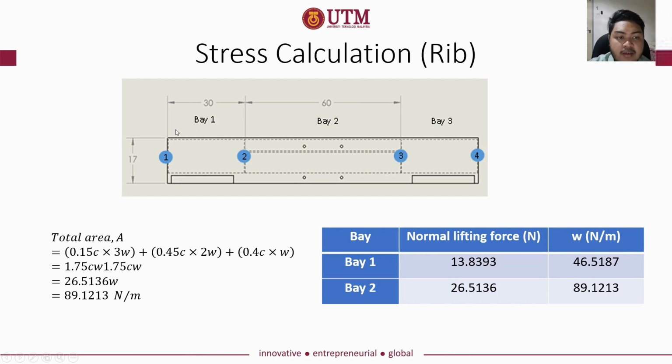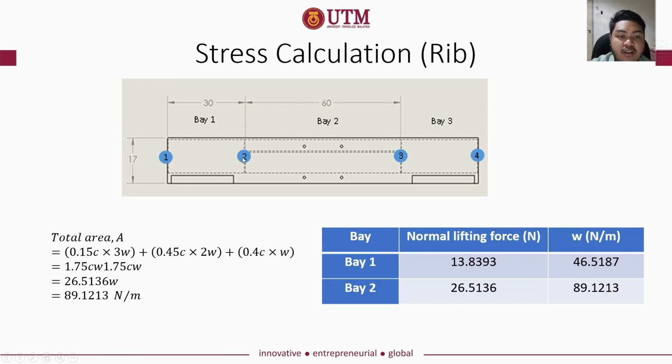From this diagram, we can see that the ribs within the wing are located in 4 places: location 1, location 2, location 3, and location 4.